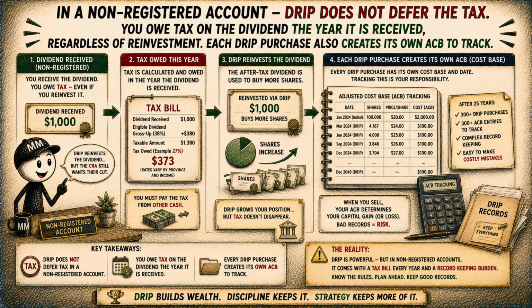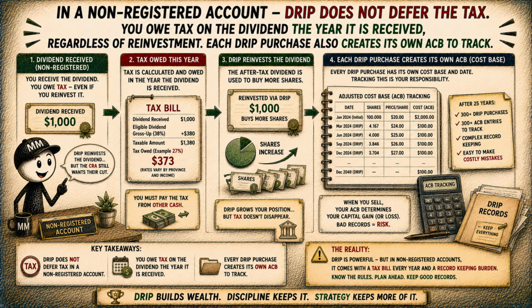The tax consideration that makes the TFSA the optimal DRIP vehicle. In a non-registered account, the dividend that triggers the DRIP purchase is taxable income in the year it is received, regardless of whether you took it as cash or reinvested it. DRIP does not defer the tax on the dividend.